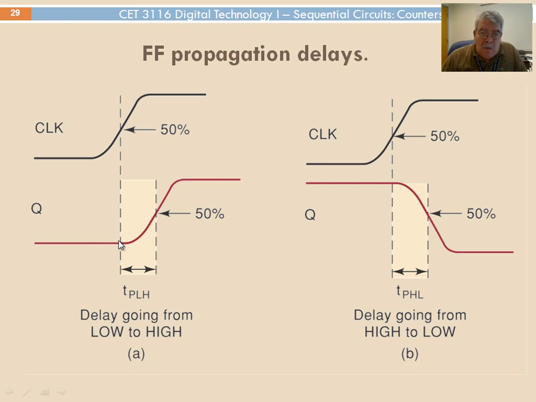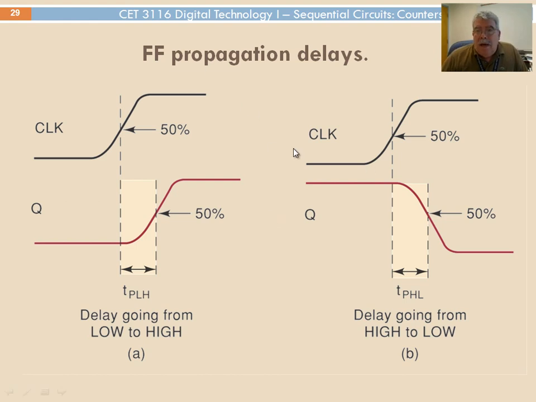Then the effect is that we see the output Q change, in this case from low to high. We assume that the change takes place at the 50% level of the output.